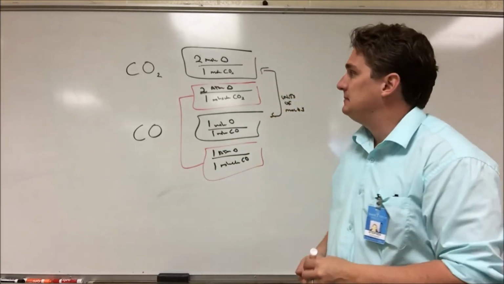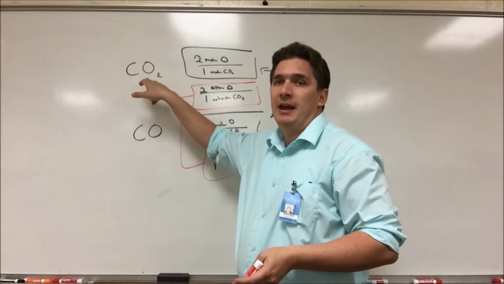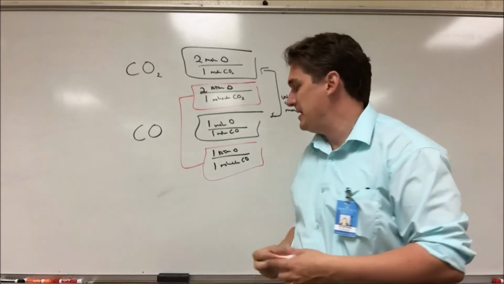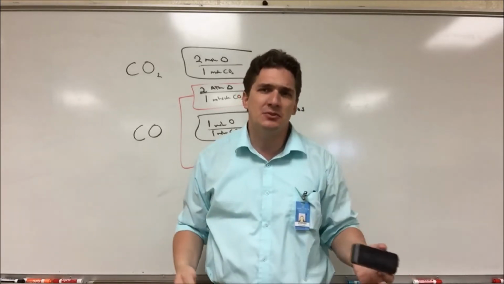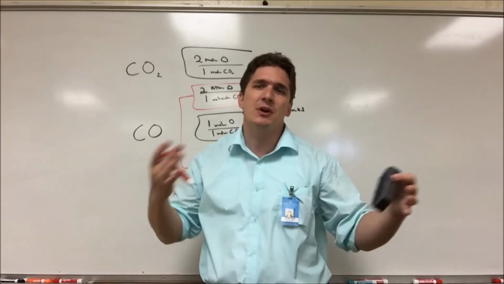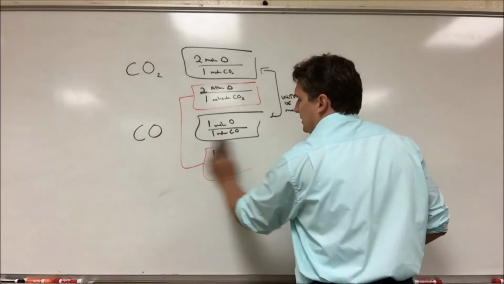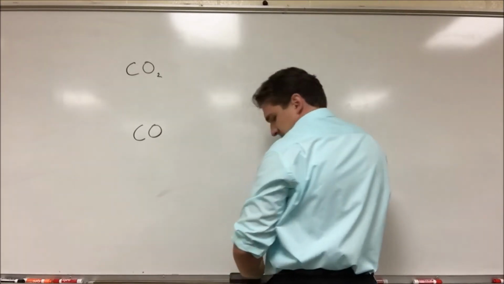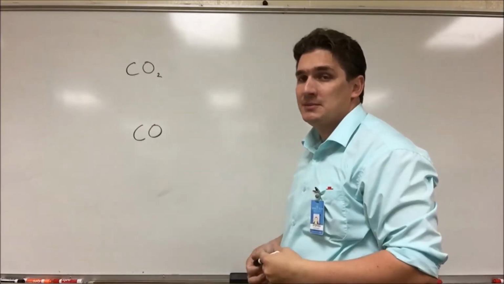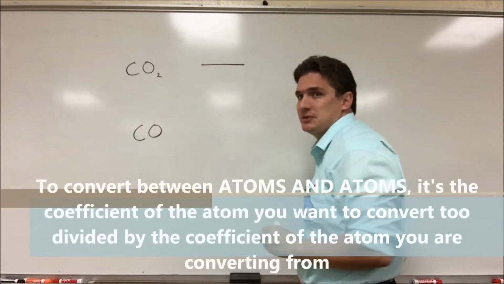Now, let's say you're given a problem and you're asked to convert between atoms of carbon and atoms of oxygen based off of a chemical formula. So let's say you got 6.02 times 10 to the 23rd atoms of carbon. You want to know how many atoms of oxygen you have for a CO2 mixture. To do this, the conversion factor, if you're in moles or atoms, is always going to be the ratio of their two coefficients.